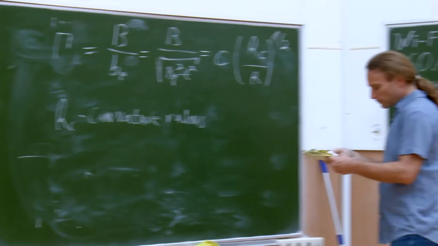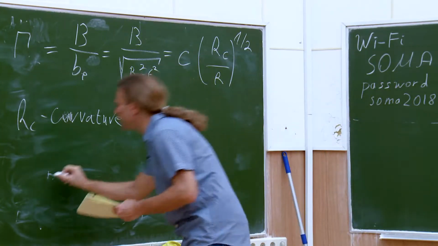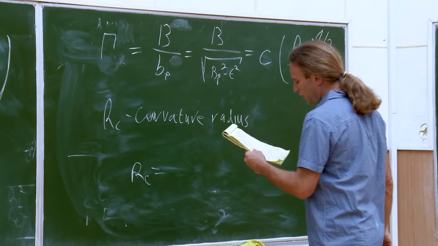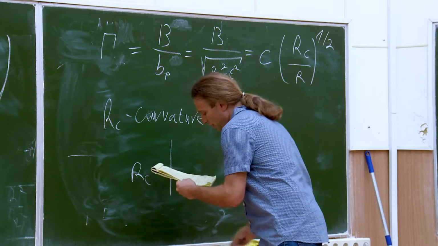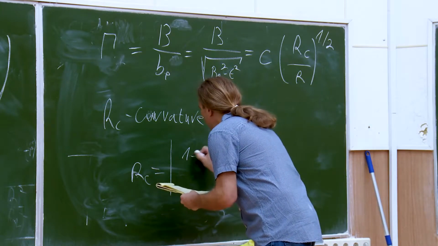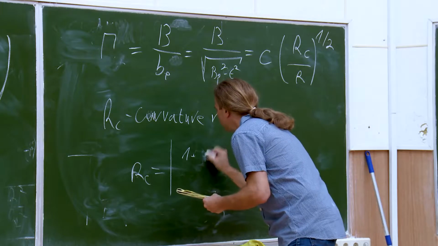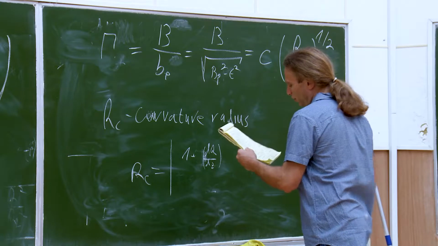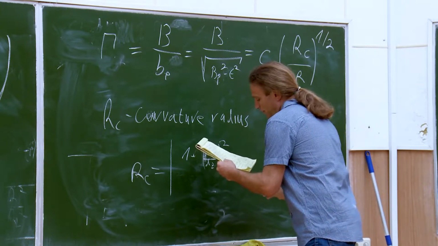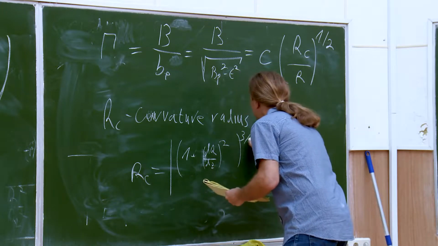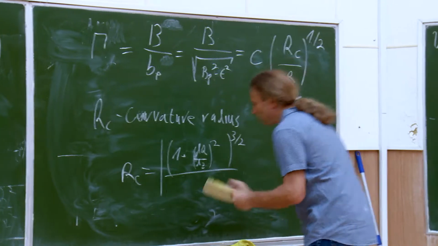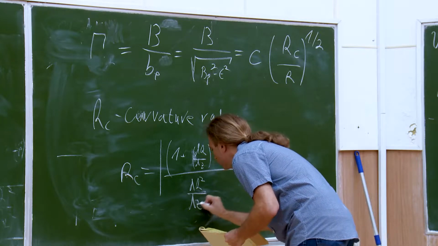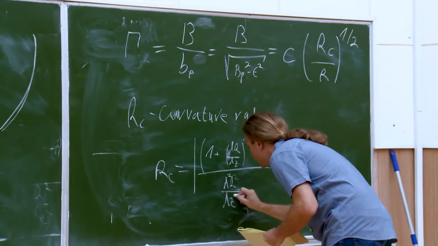And for the curvature radius RC, you can open Wikipedia and see that this is just equal to the absolute value of 1 plus (dr/dz) squared, to the power of 3/2, divided by d square r over dz square.